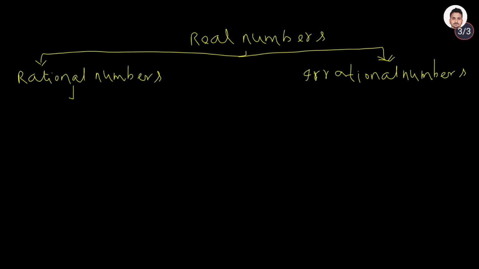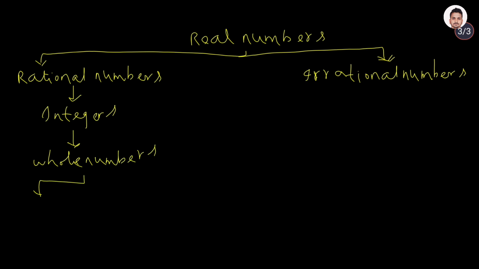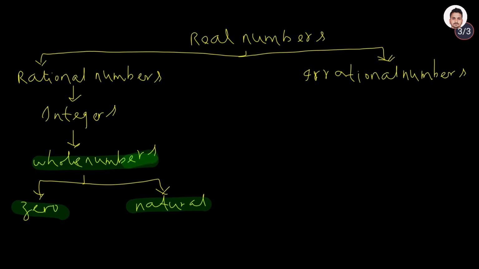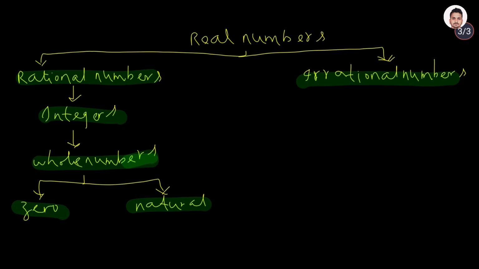In rational numbers, integers are there, whole numbers, and in whole numbers, 0 and natural numbers. If we combine natural numbers and 0, we get whole numbers, and negative and positive numbers together give integers, and from integers we get rational numbers, and both rational and irrational numbers finally make real numbers. So I hope you understand how real numbers are classified.